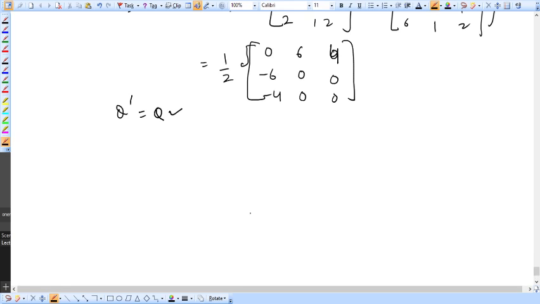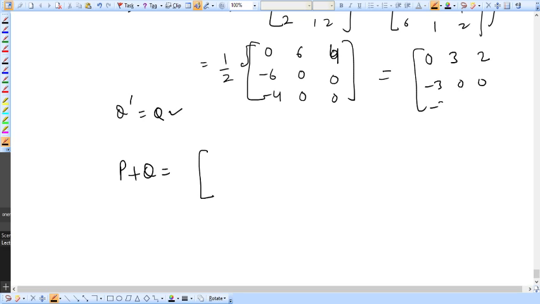And also you see, if you add P plus Q, Q is 0 3 2, minus 3 0 0, minus 2 0 0, after taking the half.